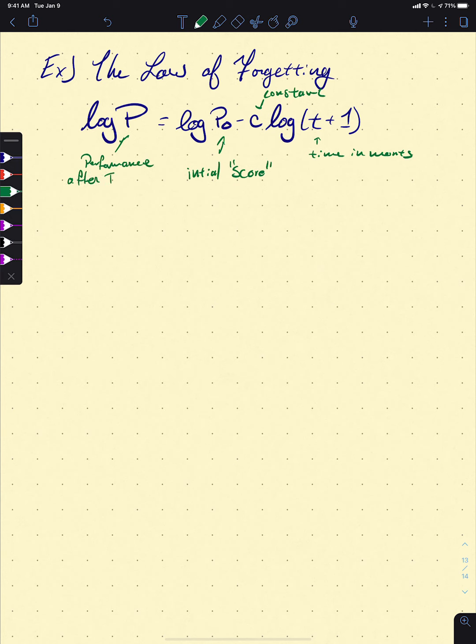after T months, right? And so what we want to do in this situation is see if we can solve for p, doing some algebraic manipulation to isolate p, right? Because right now it's in a log.